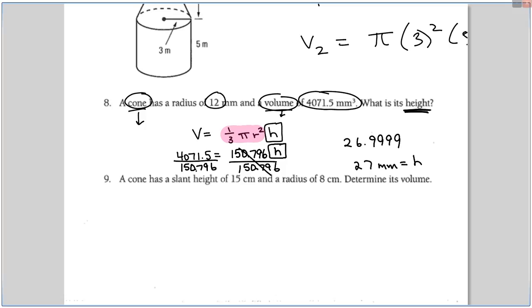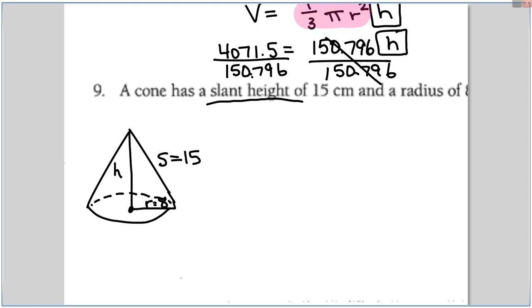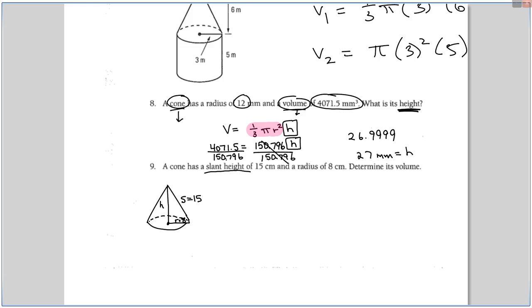Now with number 9, they're giving you a slant height. Okay, so let's draw this. Draw in your cone. H goes to the middle. This is H. Here's radius R. And here's slant. So slant is 15. Radius is 8. And what does it want?